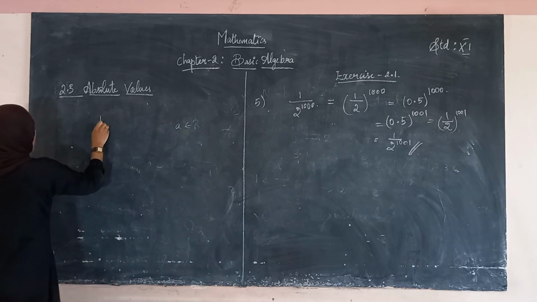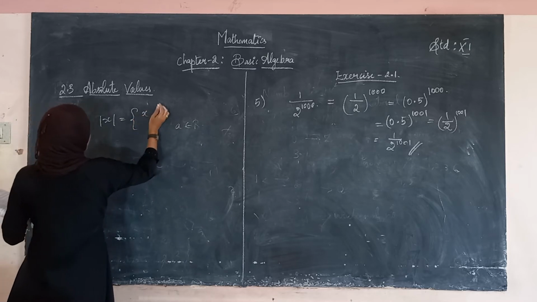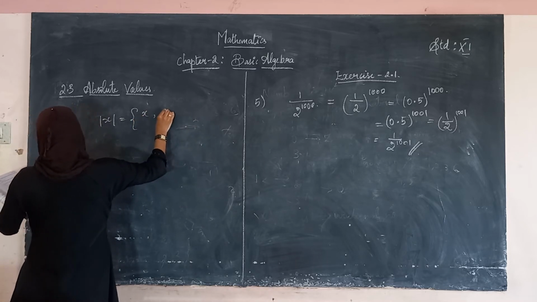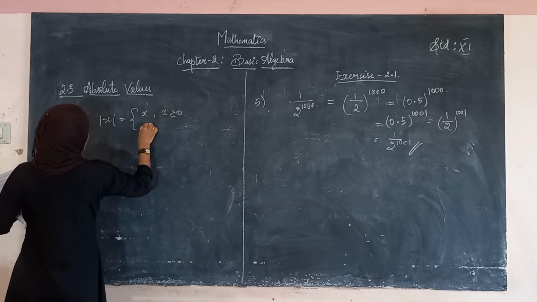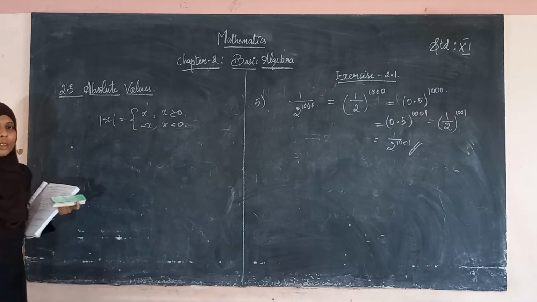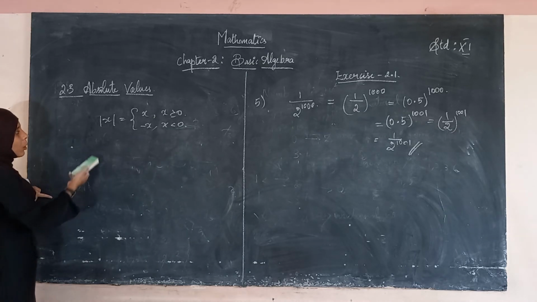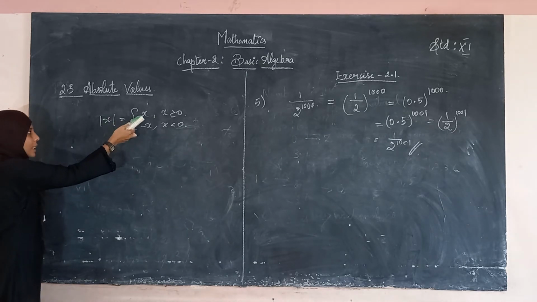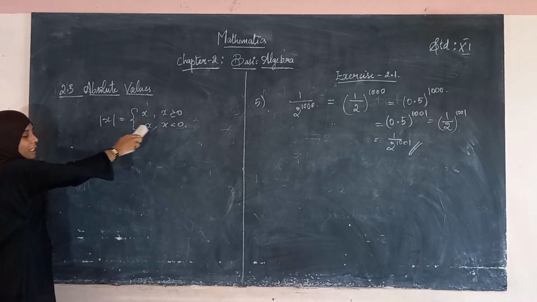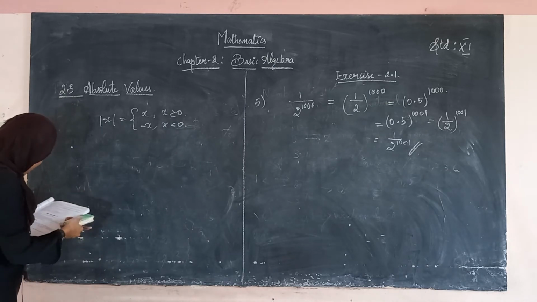See here, modulus of x will be equal to x if x is greater than or equal to 0, or minus x if x is less than 0. This is the notation for absolute values. The modulus of x will take the value x alone if x is greater than or equal to 0. Otherwise, we take the value minus x if x is less than 0.